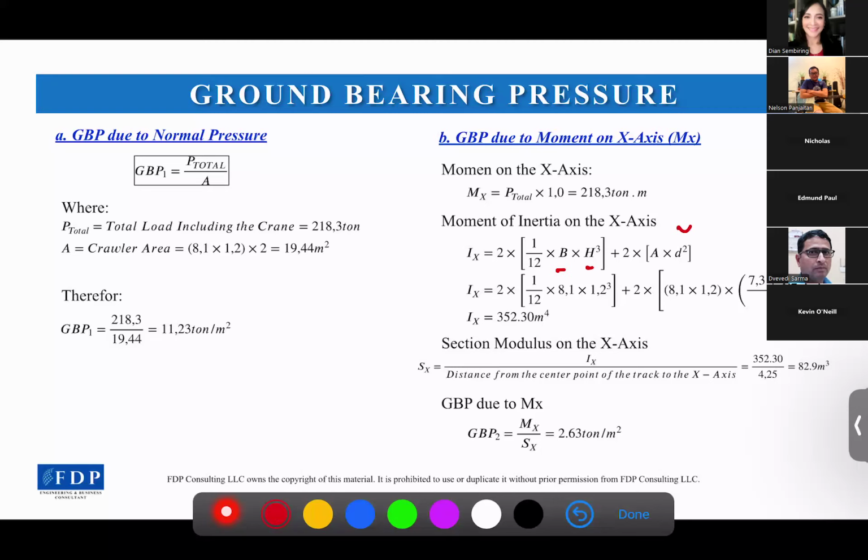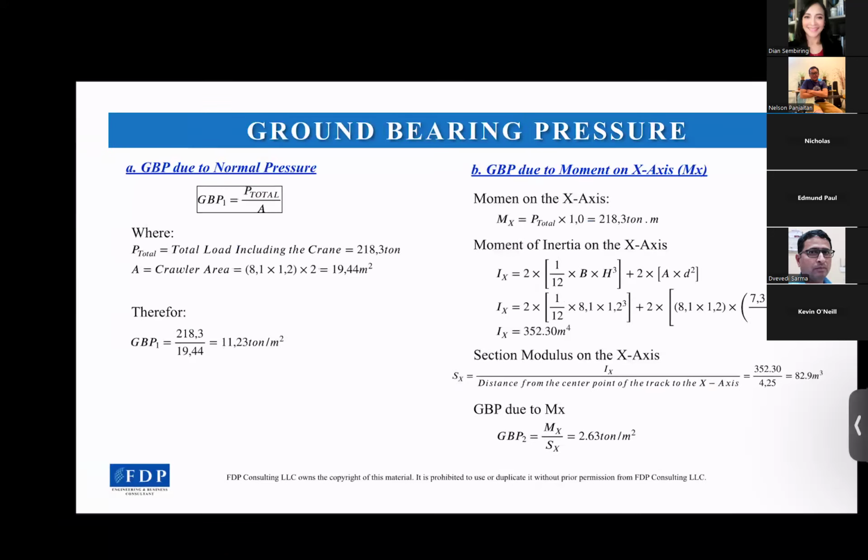Once we get the moment of inertia of the tracks for the x-axis, you can calculate the section modulus by dividing the inertia by the distance from the center of the tracks to the center axis. Let's say the distance here from the center point of the track to the x-axis is here.